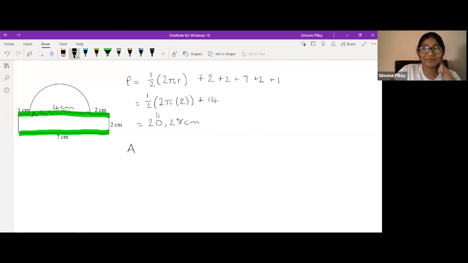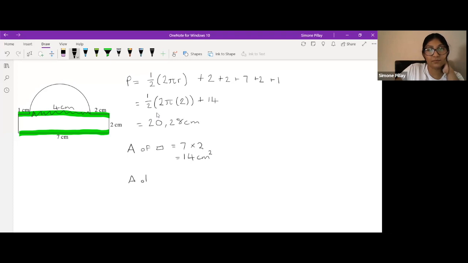Okay, so starting off with the rectangle, ma'am. 7 times 2, which is equal to 14 centimeters squared.